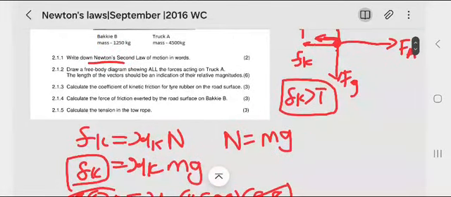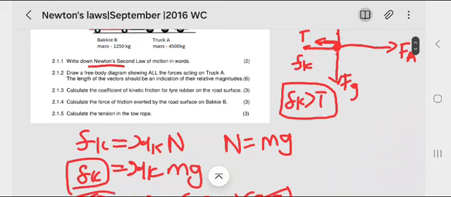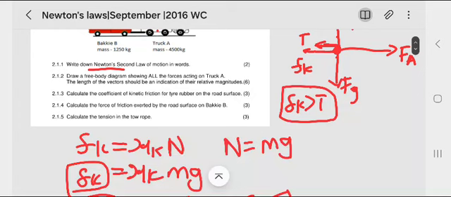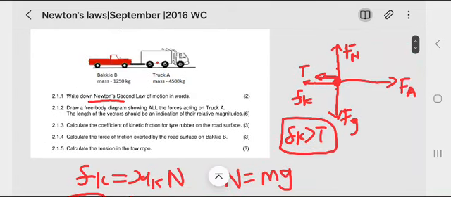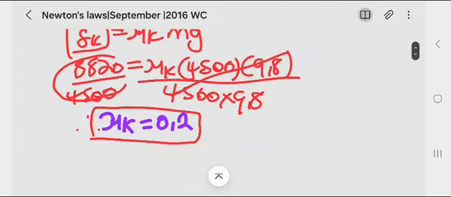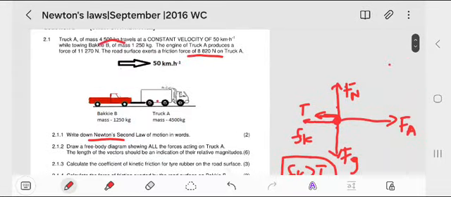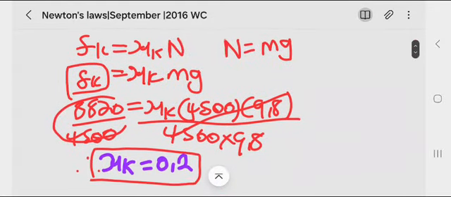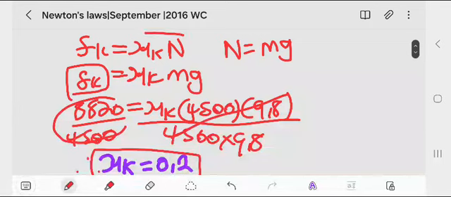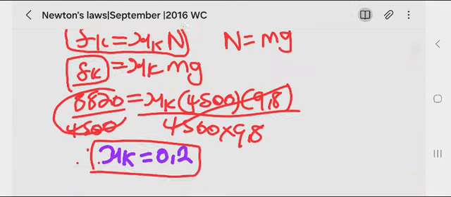Then calculate the force of friction exerted by the road on the bakkie, B. That is simple because for the bakkie, the free body diagram will have the normal force and weight, so we can apply the same equation.